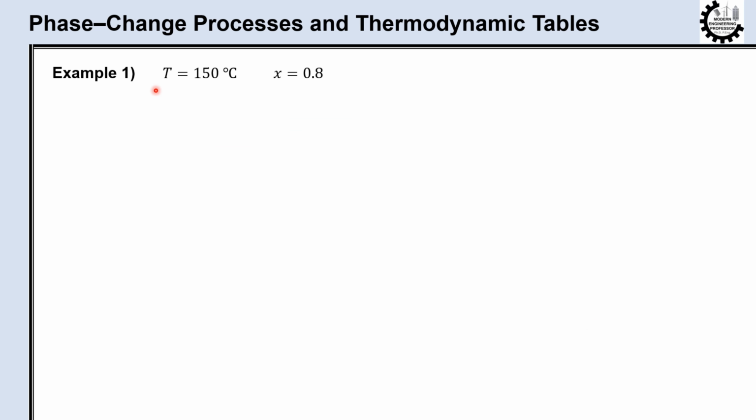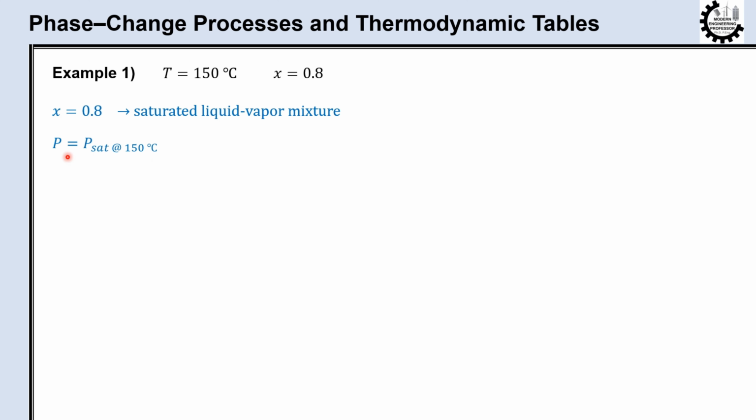In example 1, the quality is given to be x equals 0.8. This means that we have a saturated liquid-vapor mixture at a temperature of 150 degrees Celsius. Therefore, the pressure must be the saturation pressure at this given temperature.